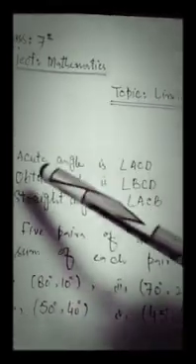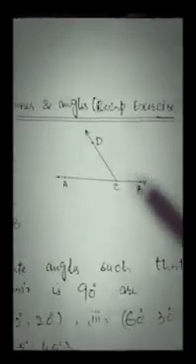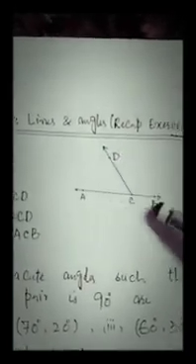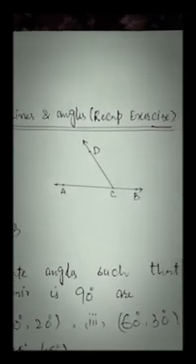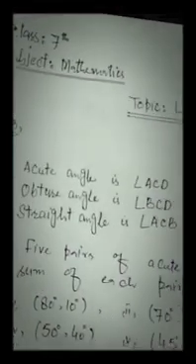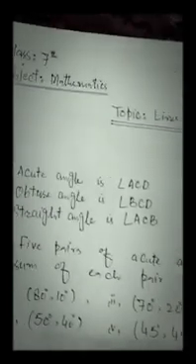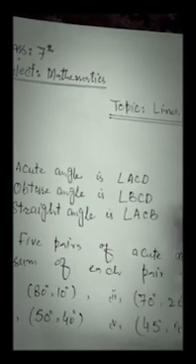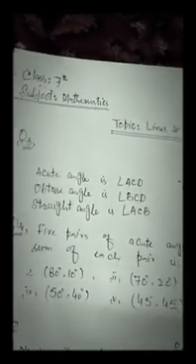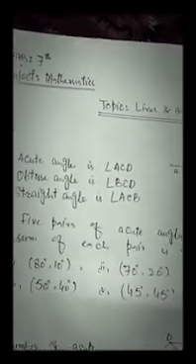So I have mentioned it here. Angle DCB, it is greater than 90 degree and less than 180 degree, so it is obtuse. It is also written here. And ACB is a straight angle, and I have mentioned it here.